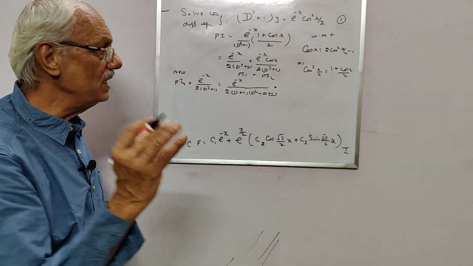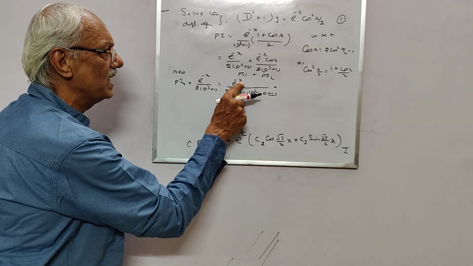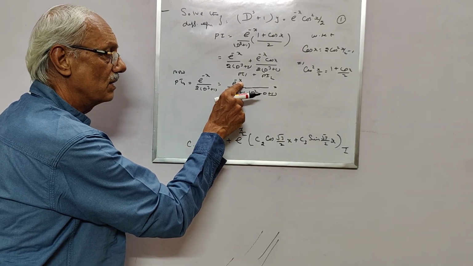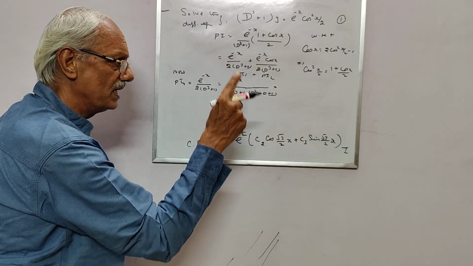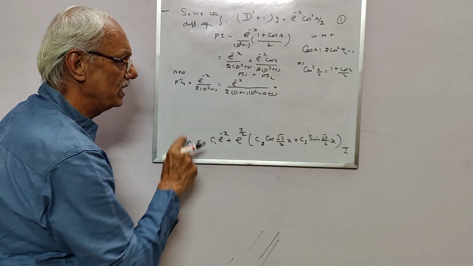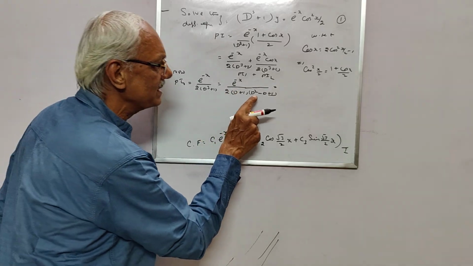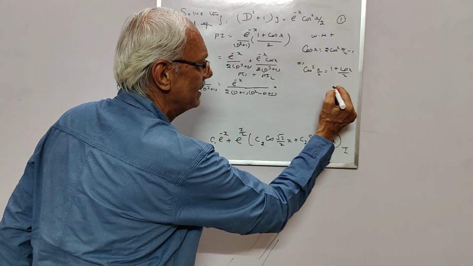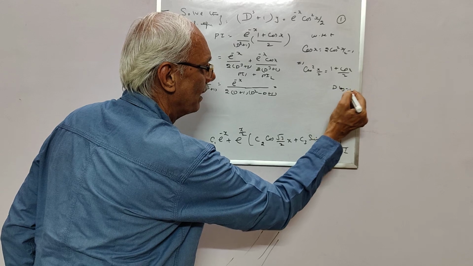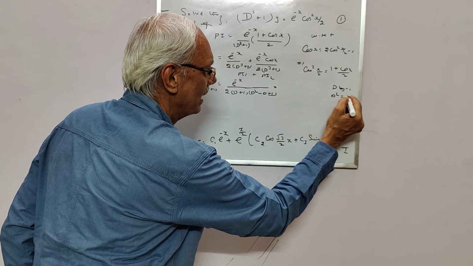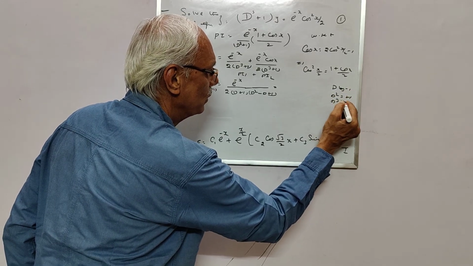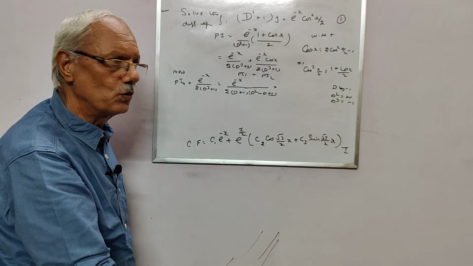If you are going to integrate e to the power of ax with respect to the denominator, the method of doing it is to replace D by a: minus 1, D squared by plus 1, D cubed by minus 1, like that it goes on.